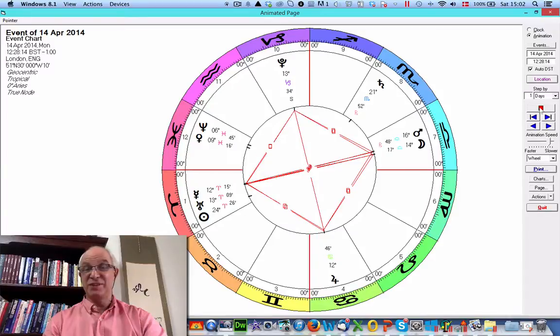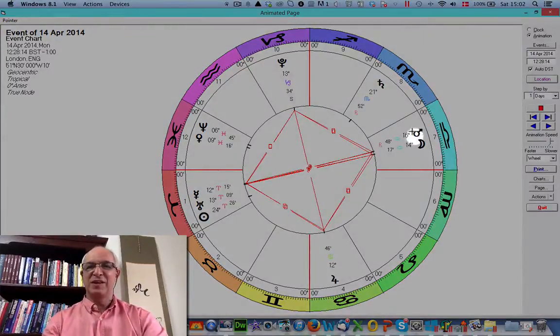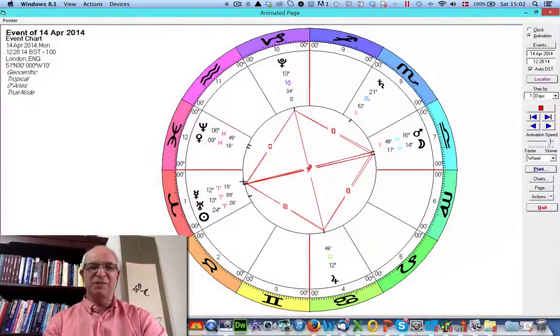This is the 14th of April, and the moon's already conjoining Mars here. And it's opposite Mercury, because what's happened is that since the beginning of the month, Mercury has actually moved into Aries, and now it's conjoining Uranus, square Pluto, square Jupiter, and opposite Mars. The moon's activating all that.